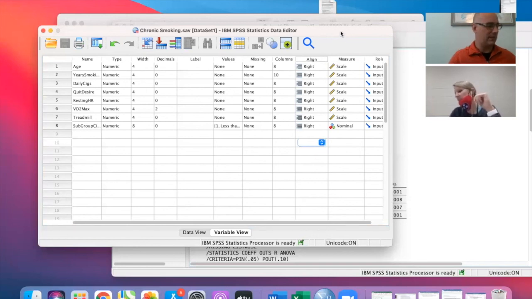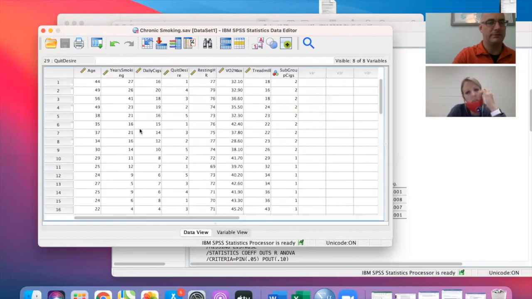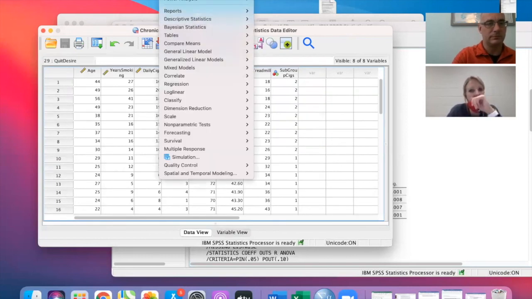Kind of. Let me pull up my SPSS. When I had the data and I went to analyze, I think what I was doing was the general linear model with the univariate.